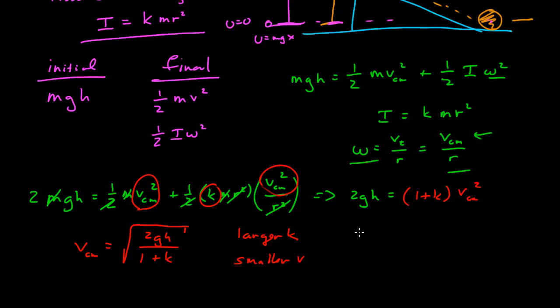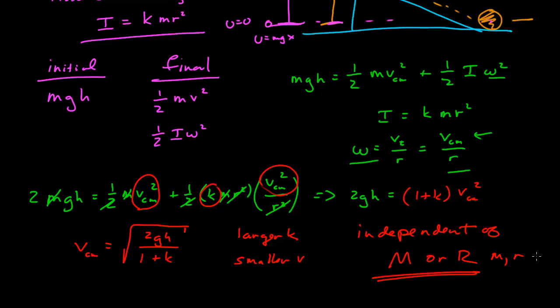Note that this is independent of mass or radius. M, R, I had small r's before. The velocity that it reaches at the bottom does not depend on the mass of the object or the radius of the object.